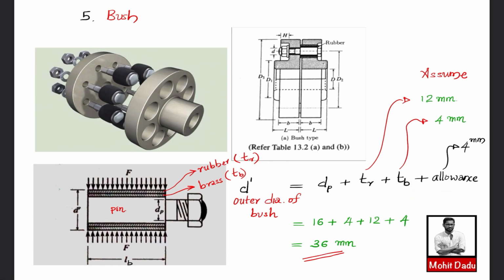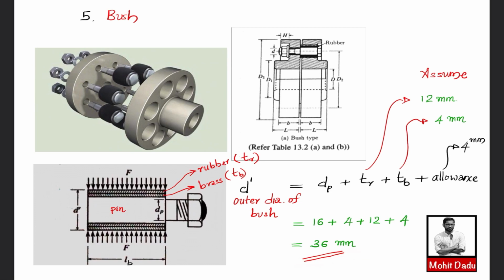Nothing is given here, so we will assume commonly used values: rubber bush of 12 mm, brass bush of 4 mm, and a clearance or permitted misalignment of 4 mm. Then you will get the outer diameter of the entire bush over the pin as 36 mm. So you have evaluated the size of the bush also.